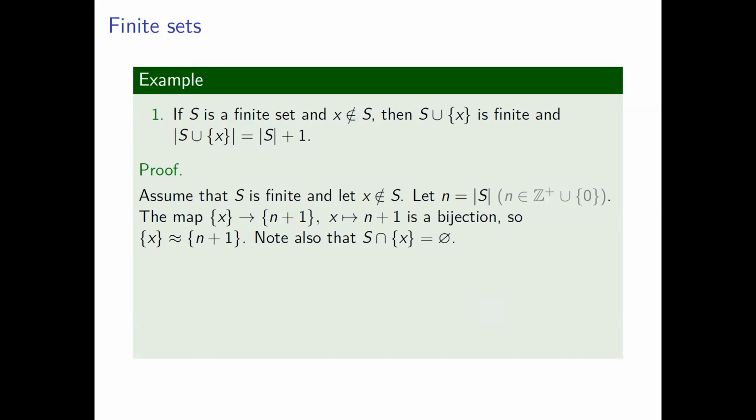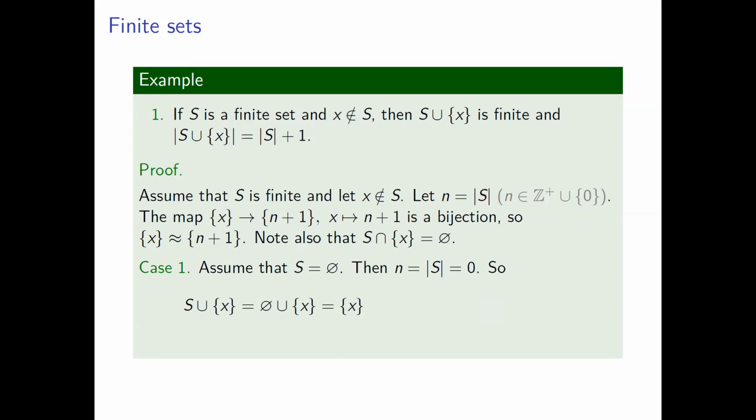We have two cases. First, assume that S is the null set. Then the cardinality n of S is 0. So the union of S and the singleton with element x is equal to the null set union the singleton with element x, which, by an earlier result, is equal to the singleton with element x, which, as we observed above, is numerically equivalent to the singleton with element the integer n plus 1.